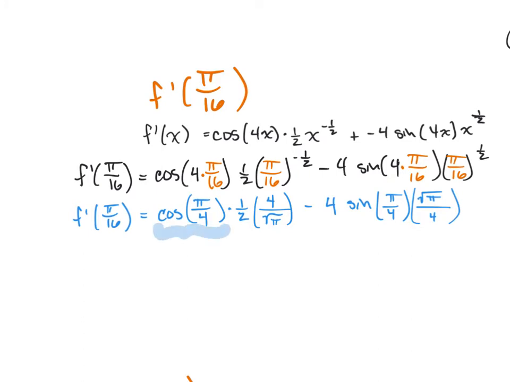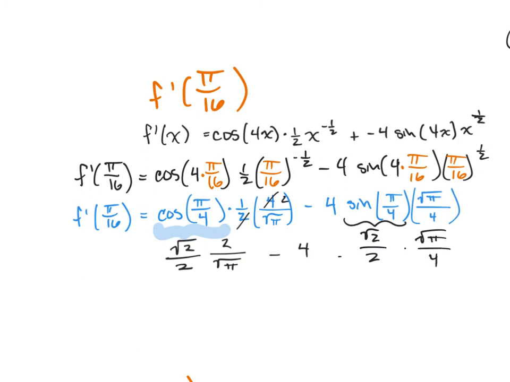Cosine of pi over 4 is root 2 over 2. And then here, that would simplify to give us a 2 over root pi minus 4 times sine of pi over 4, which is also root 2 over 2, root pi over 4. And so we can do some more simplifying.